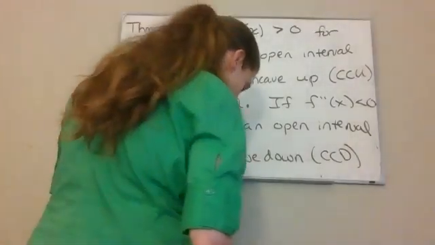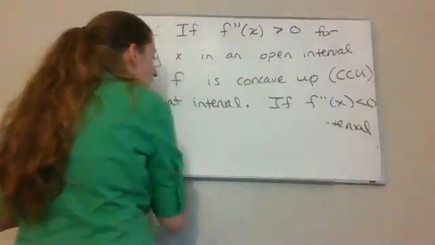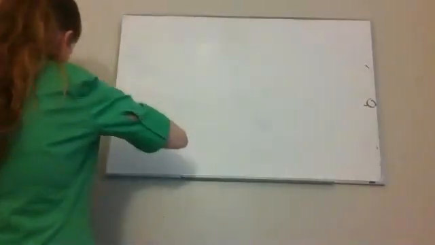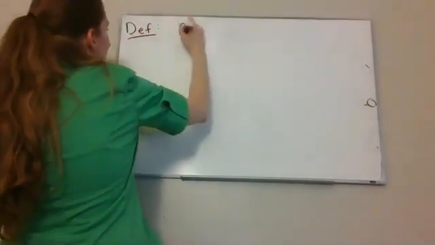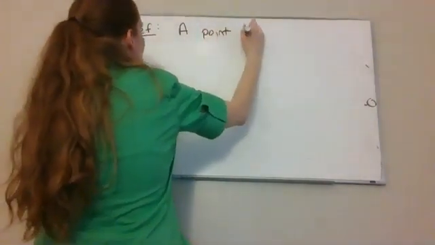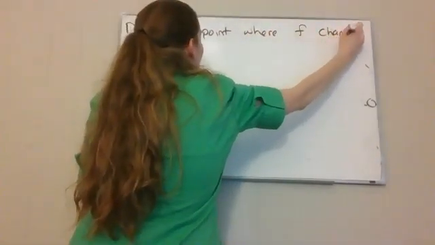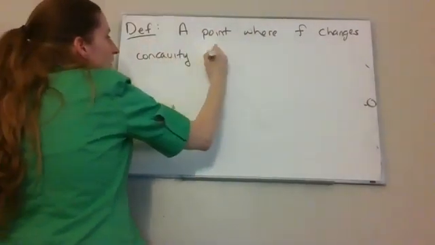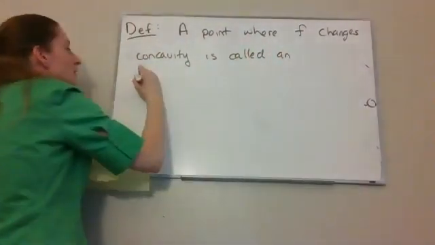Now before we do that, I want to give us one more definition for something called an inflection point. A point where a function f changes concavity is called an inflection point.